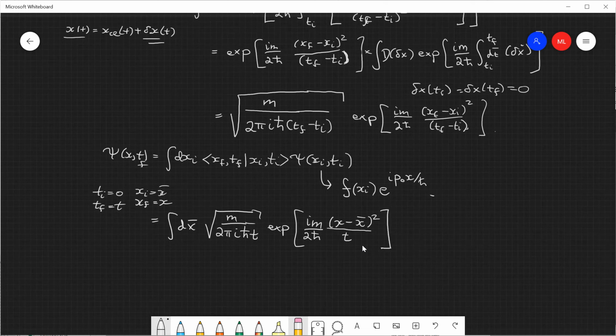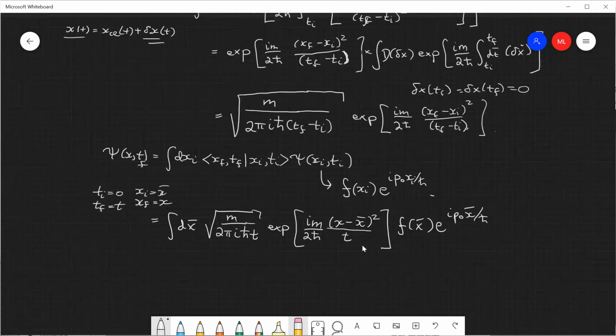So, and then this is all multiplied by f of x bar now, e to the i p naught x bar over h bar.